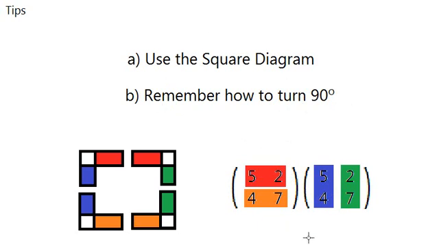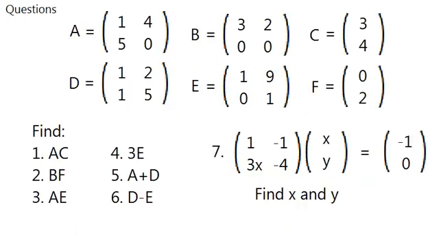So yeah, let's proceed to some of the questions that I'm going to give. So here are 7 questions for you to complete, and if I didn't tell you, you can actually assign a matrix to a variable. So that is quite simple to describe all the questions using just symbols.